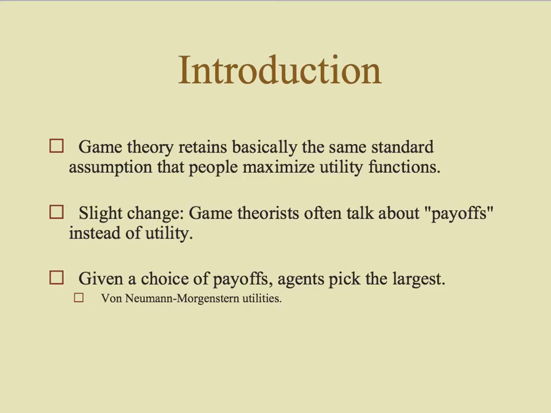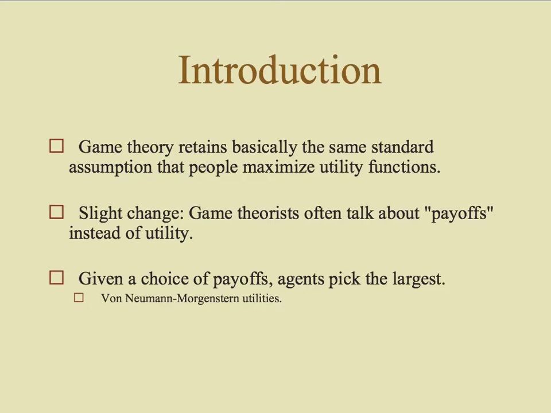When we're looking at the strategic behavior of individuals or firms or whatever we're working with in game theory, you have to realize that we're still staying within the same basic setup of standard economics. The idea that basically people maximize utility functions, our firms maximize their payoffs, things like that, is still going to be there.